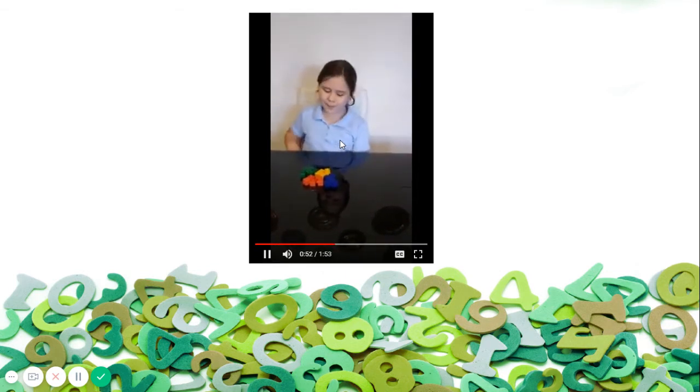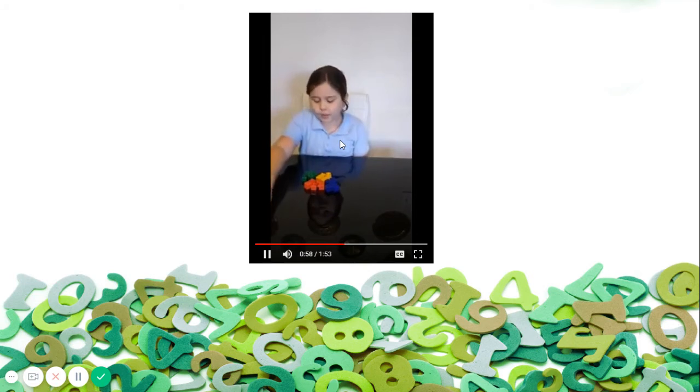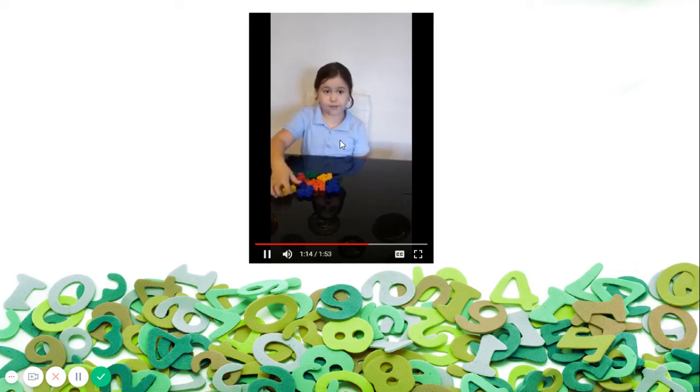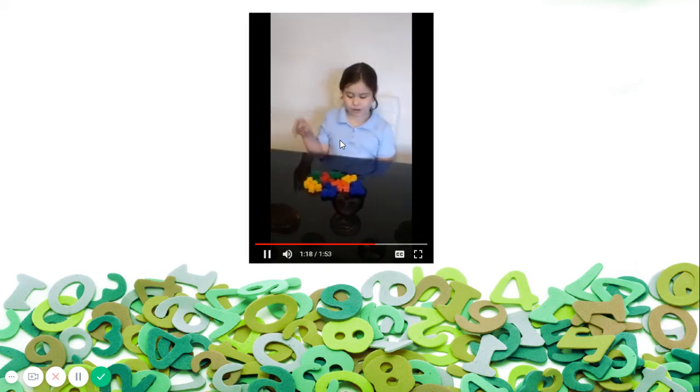Okay. How many do you have already? I have 20 cubes. Okay, so what is 5 more than 20? 5 more than 20 is 25. Okay, keep counting. Then 5 more than 25 is 30. 5 more than 30, it's 35. But 5 more than 35, it will give us 40.